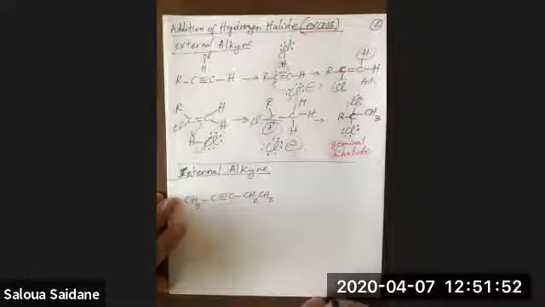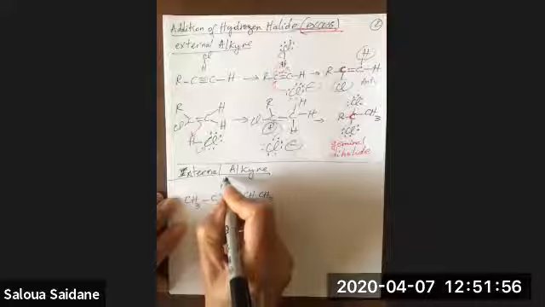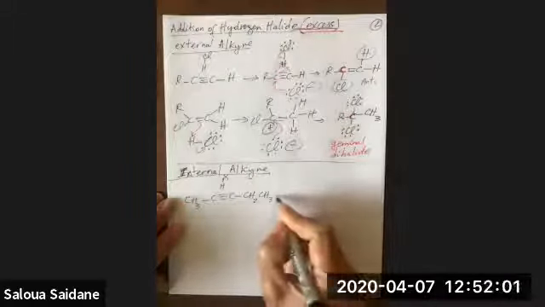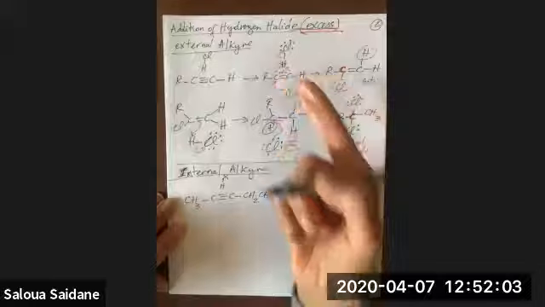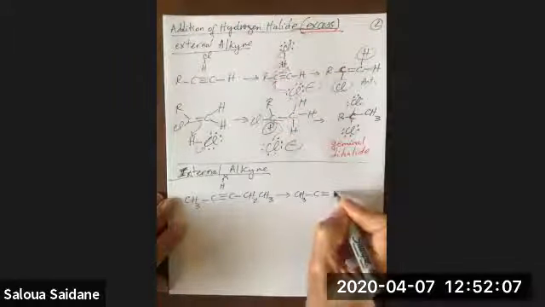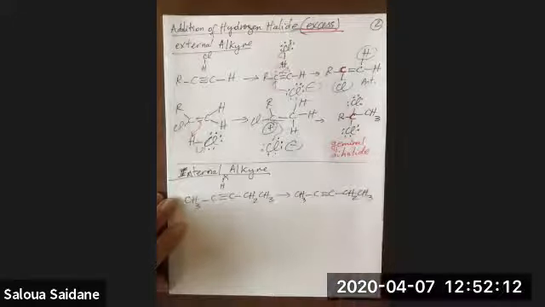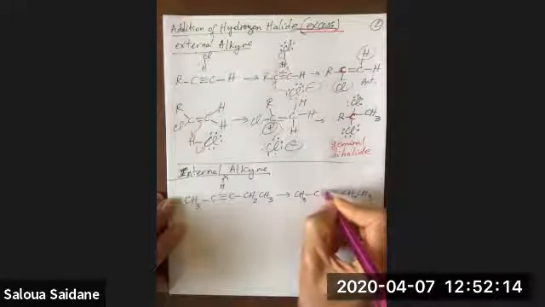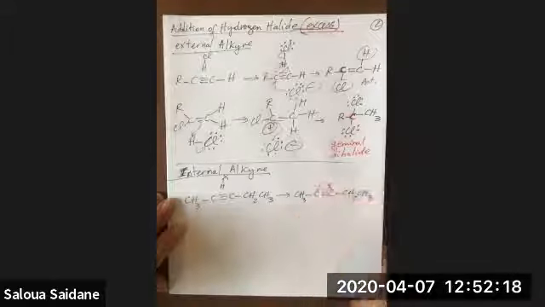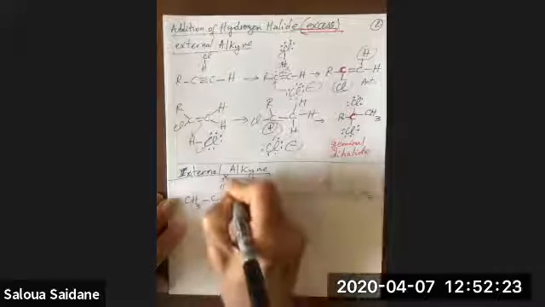So what is the first step? We're going to have HX or chlorine, it doesn't matter. So the first step, we're going to have the pi complex, so it's CH3, C, double bond C, CH2, CH3. And then the pi complex is all these semi or pseudo bonds with, I'm going to use Cl here.